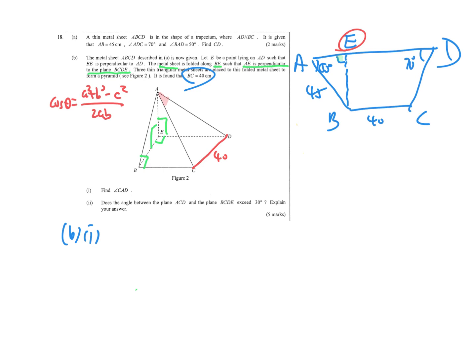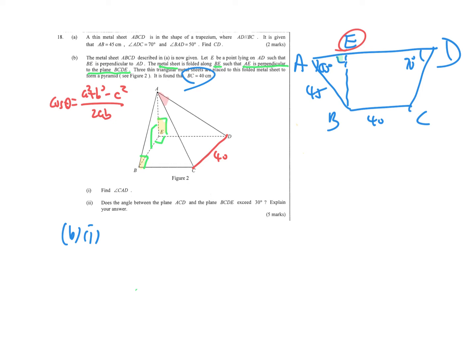If you don't understand, you can find a piece of paper and cut it into the trapezium and then fold it this way. You can see that ABC is really 90 degrees. Okay, so if we have two important 90 degrees here, can you guess how we can find AC and AD? You're correct. Actually we are going to use Pythagoras' theorem to find AC and AD respectively.